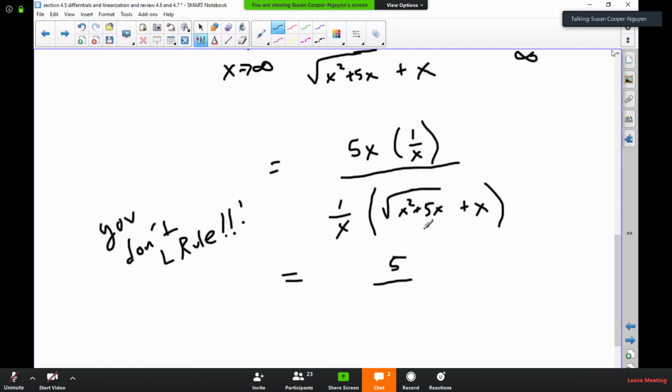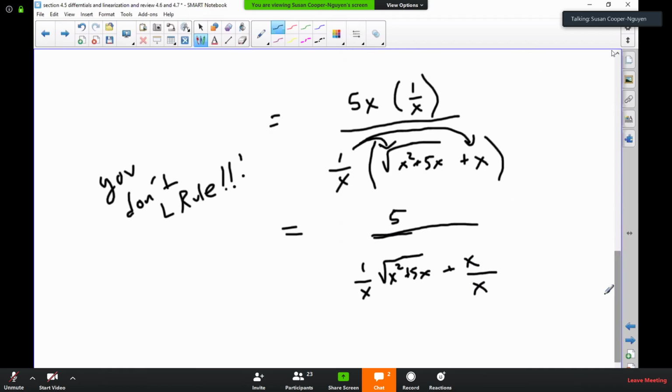But down here, I thought it's a neat gizmo that happens. If you send the 1 over x through via distribution, you're going to have 1 over x times root x squared plus 5x, plus x over x.